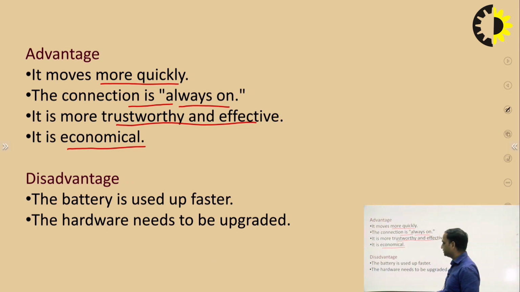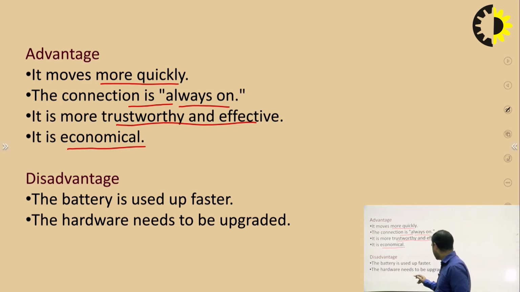Some disadvantages are there, because we are adding more and more components into the architecture of GSM. So obviously the battery is used up faster, and battery consumption will be very large. So this is a kind of disadvantage of this network.